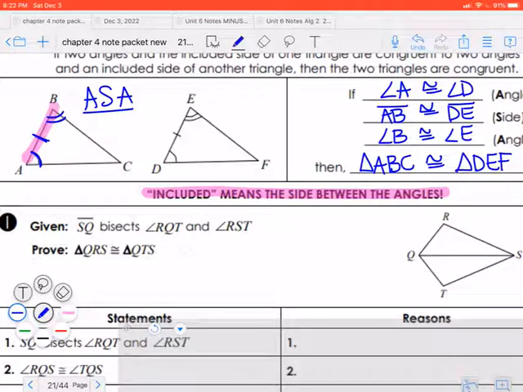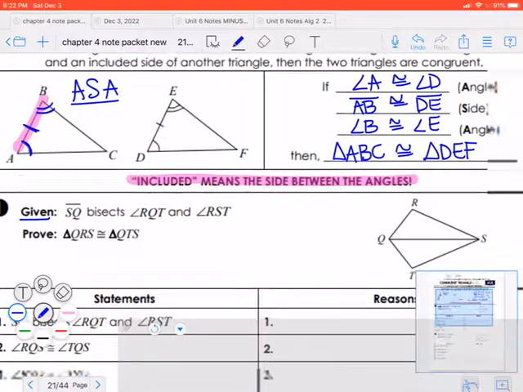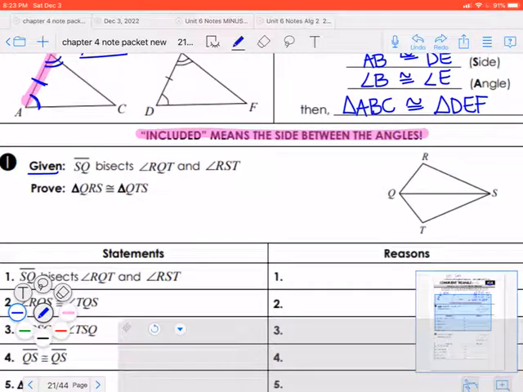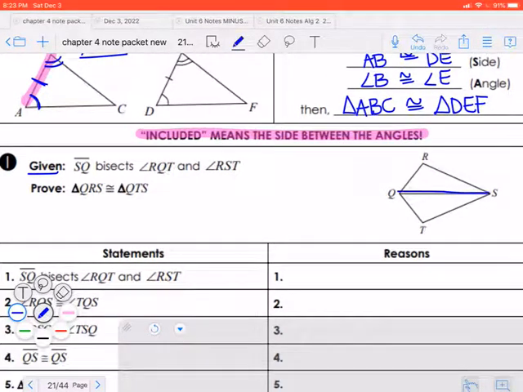Okay, we are given that SQ bisects angle RQT and angle RST. And we're supposed to prove that triangle QRS is congruent to triangle QTS. So we have a top triangle and a bottom triangle we're trying to prove are congruent. Now, SQ being the bisector is bisecting these large angles, RQT and RST.